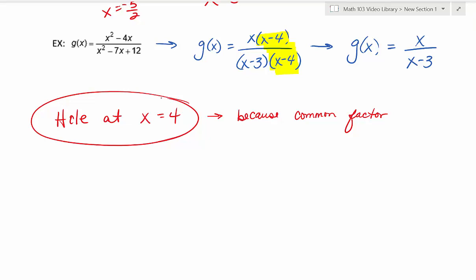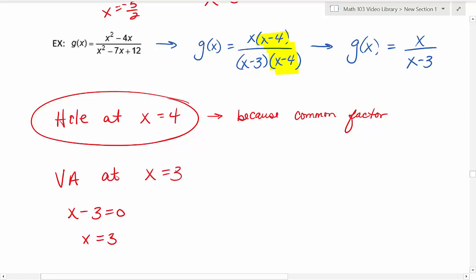Vertical asymptotes exist at the zeros of our simplified denominator. Our rational function did simplify this time, so our simplified denominator is x minus 3. The vertical asymptote exists at the 0 of that factor. Therefore, we have a vertical asymptote at x equals 3 and a hole at x equals 4.